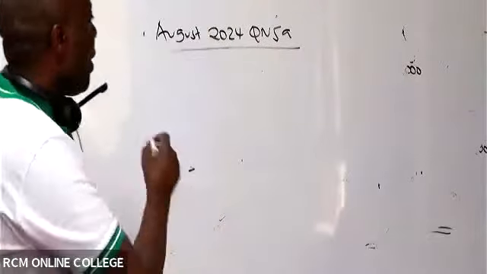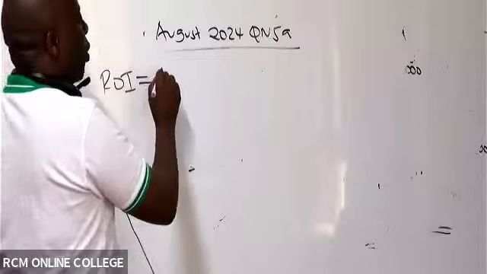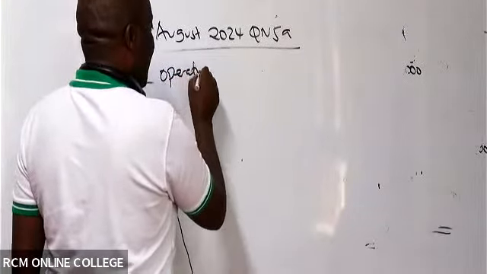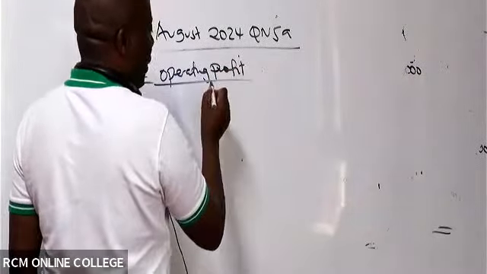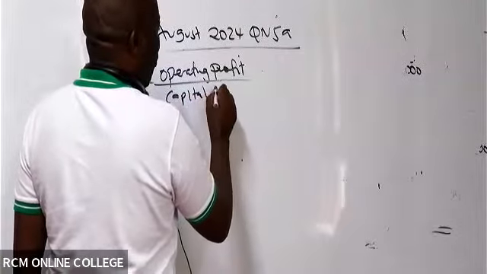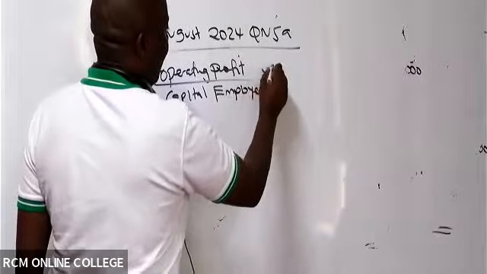So for us to get ROI, ladies and gentlemen, we normally take, in this case, preferably operating profit. Whenever you have many profits, always work with operating profit. So operating profit over capital employed, times 100.